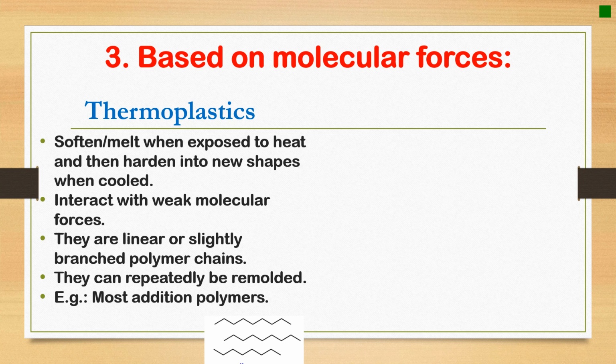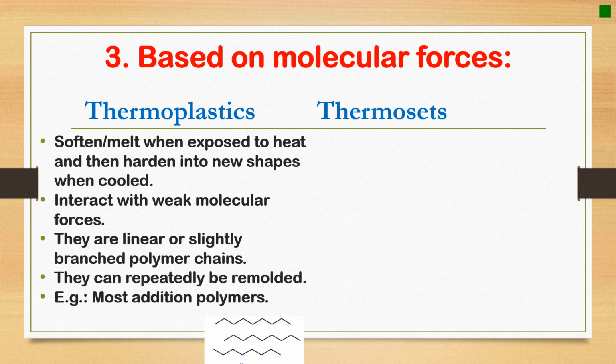We have the examples for the thermoplastics. First of all, we can say that most of addition polymers are thermoplastics. Specifically, we have polythene, we have polystyrene, we have polyvinyl chloride, and so many others.